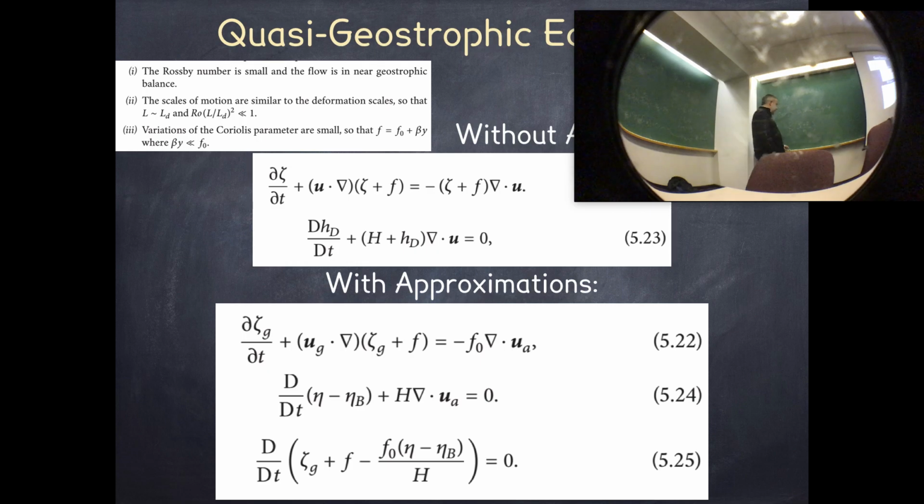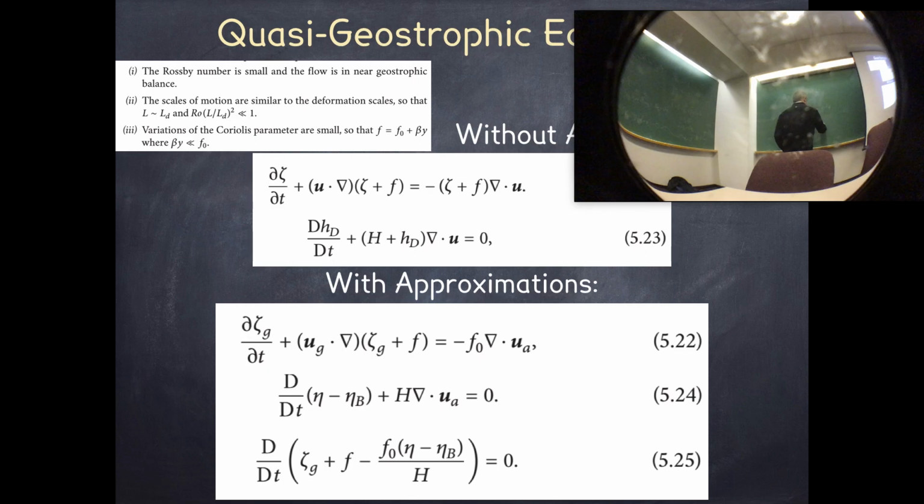If I write this out as zeta G plus zeta A plus f naught plus beta y over big H plus eta, and then I Taylor series, the first term I get is zeta A over big H. Big H comes out and cancels out because it's 0.